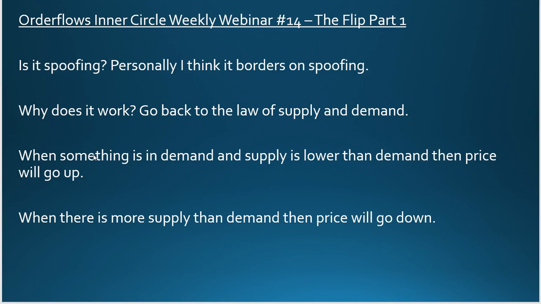So, if you have an order book and you start stuffing orders, layering them on the offers, making it look like there's a lot of supply in the market, that impression will drive the price lower. People will see that and say, hey, there's a lot of sellers here. The market will go lower.